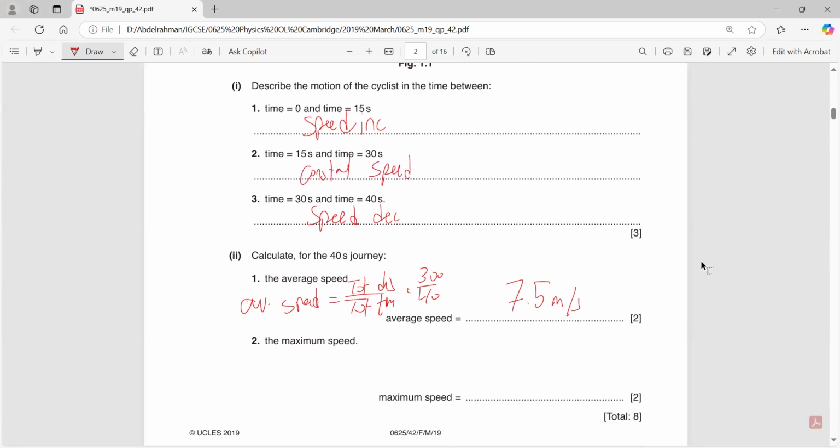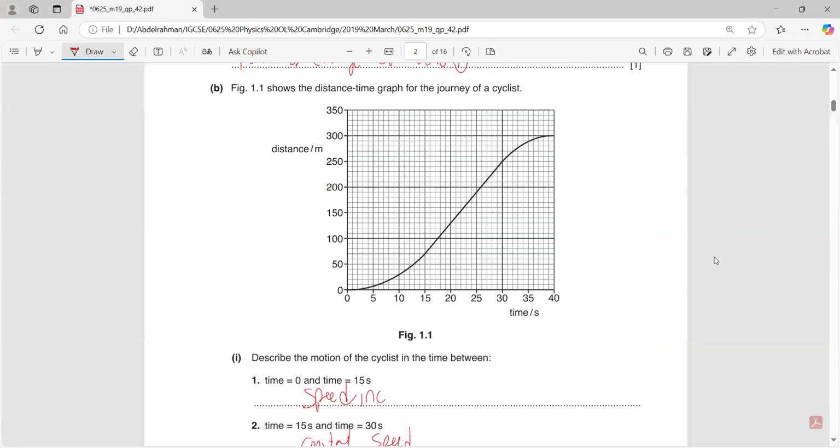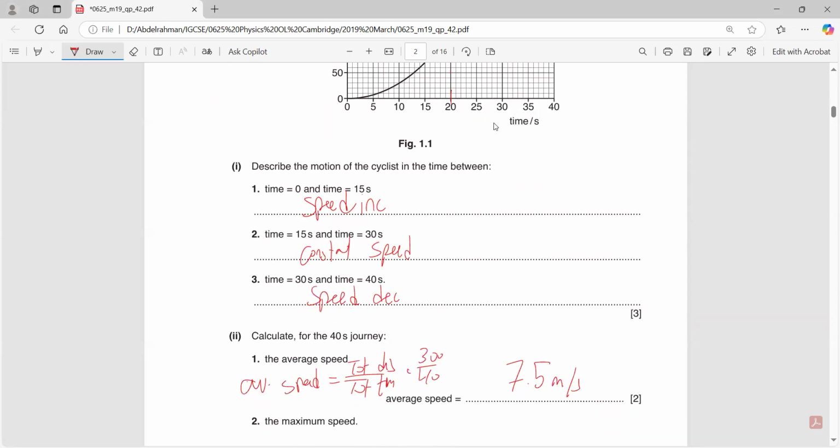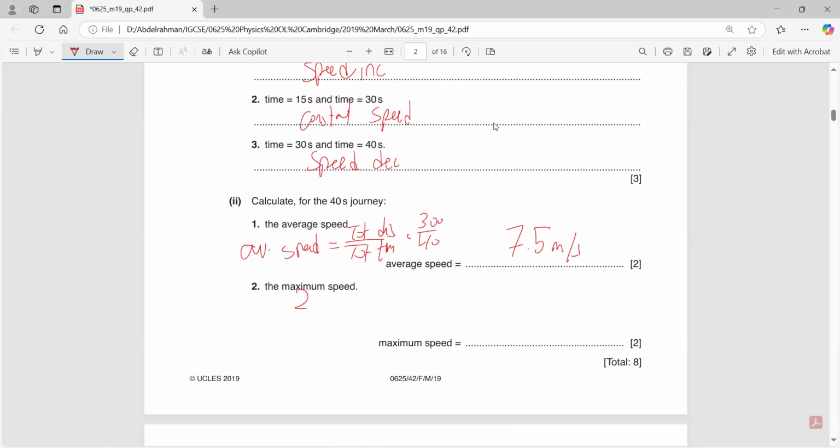Can I find the maximum speed? Yes, I can find the maximum speed, which is the speed in the straight section. So this point was 20 and 130, and this point is 30 with 250. 250 minus 130 over 30 minus 20.